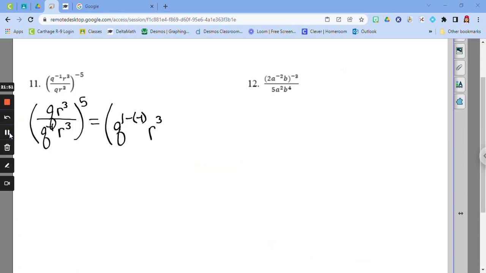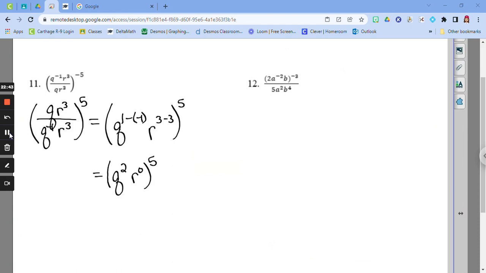For R, I have 3 minus 3. So 1 minus a negative 1 is 2. 3 minus 3 is 0.